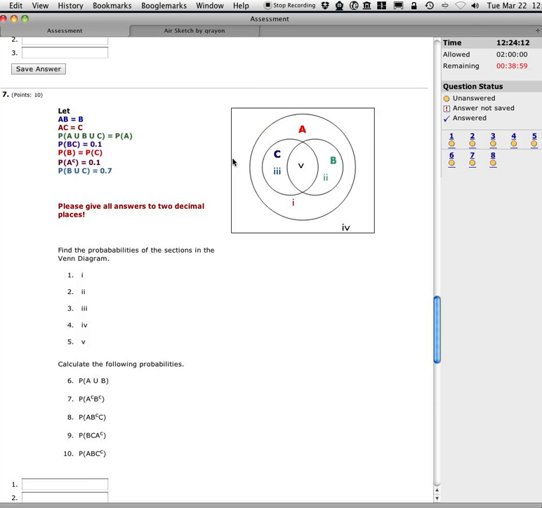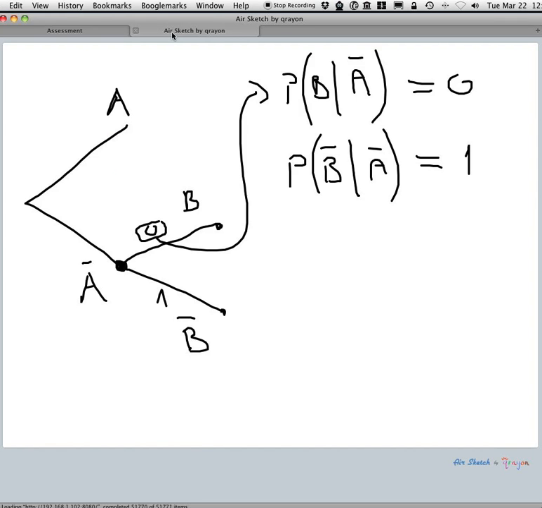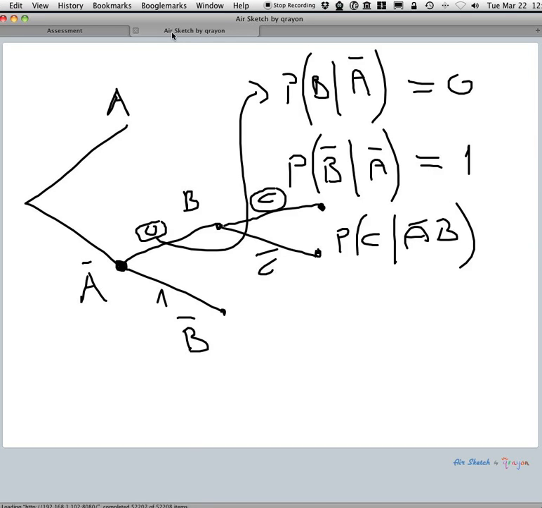So this can be interesting, and let's go back and see if we can draw here the third level, C and complement of C. Okay, this probability is the probability of C given complement of A and B. Now, let's see if we can write this in the usual way.